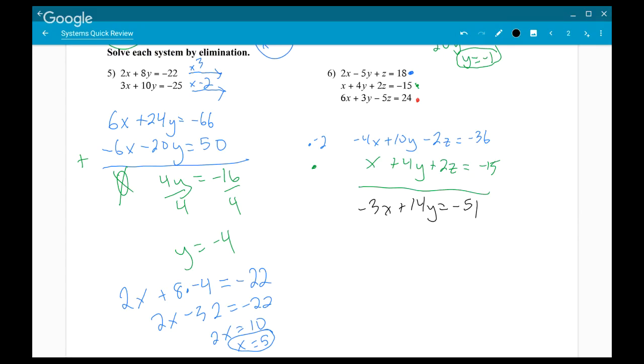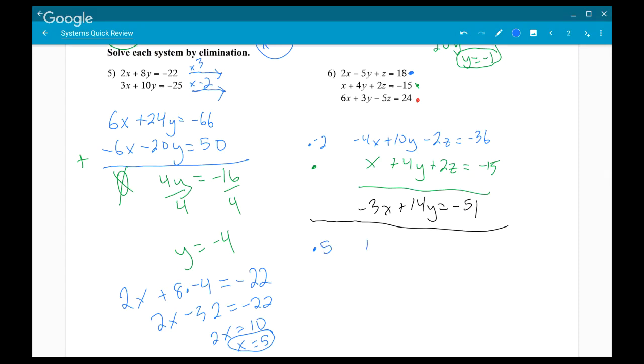Now I have to repeat that process and do it all over again. I can't use the blue and the green one again, though. I've got to use either the blue and the red or the green and the red. I'm going to use the blue and the red. So I'm going to use my blue equation, and I'm going to multiply it this time by +5.